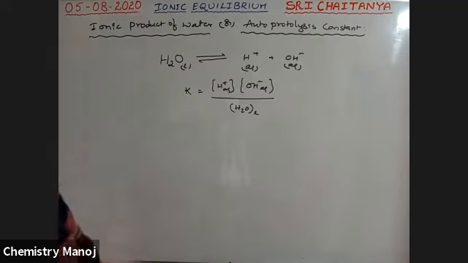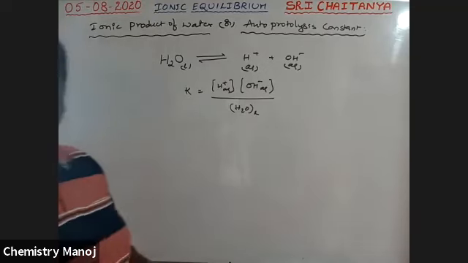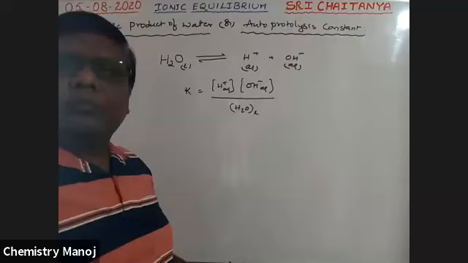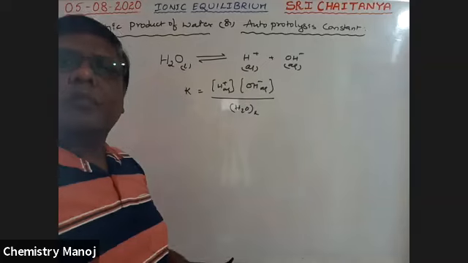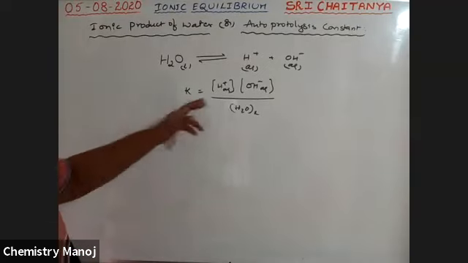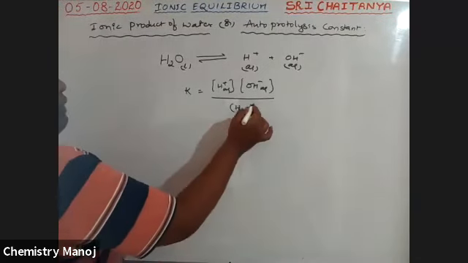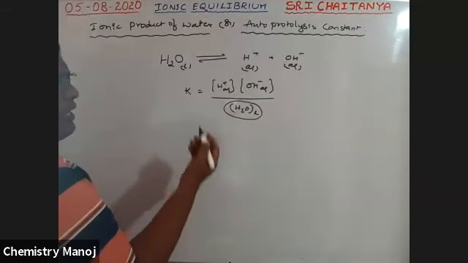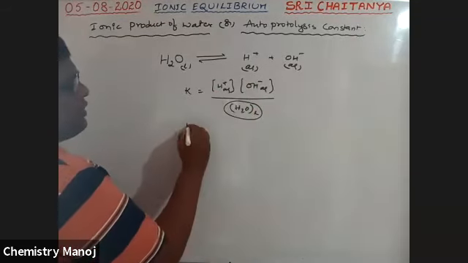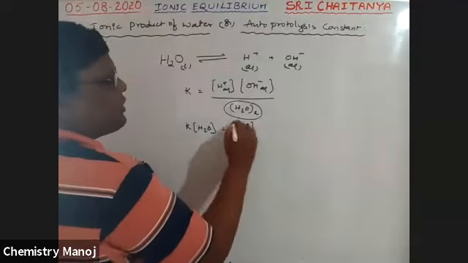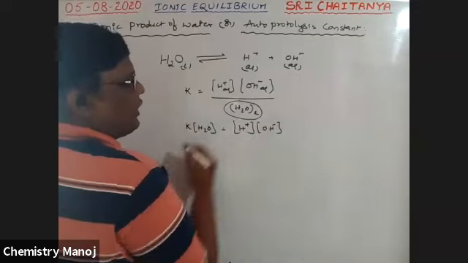Products concentration product by reactants concentration product, which is called K. Now water concentration is almost constant because it is a weak acid, and only a negligible percentage dissociates. So K into H2O concentration is equal to H plus concentration into OH minus ion concentration.